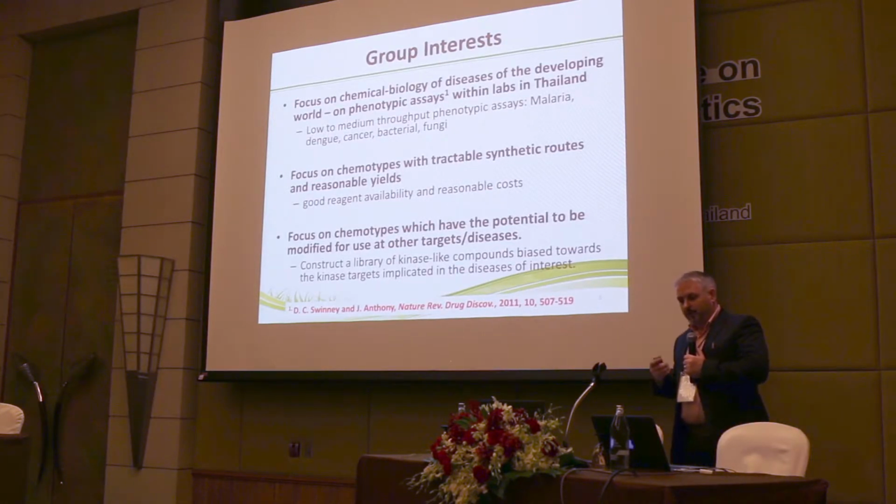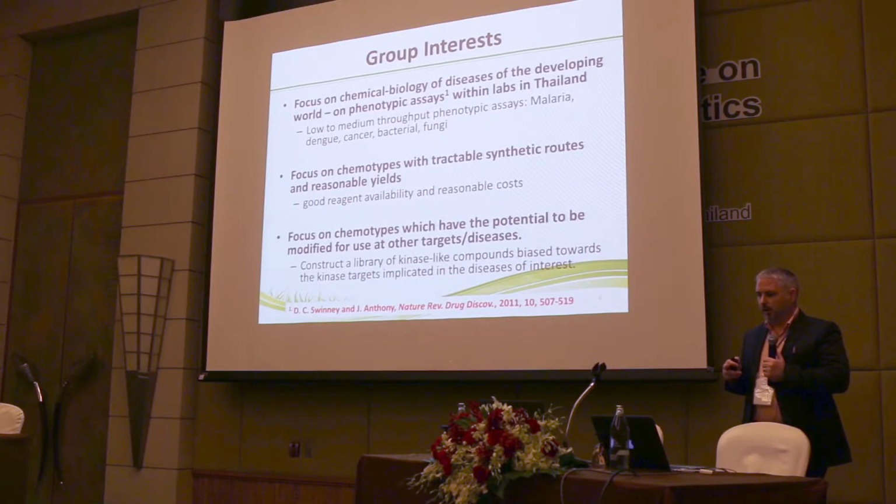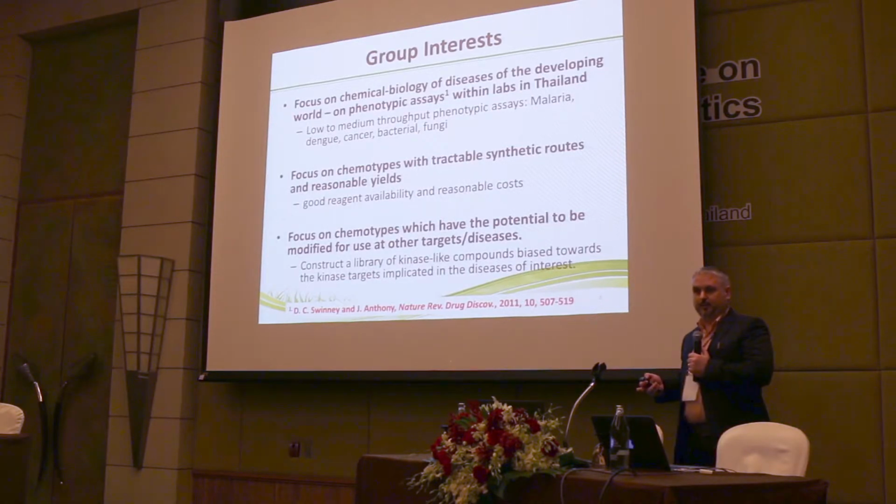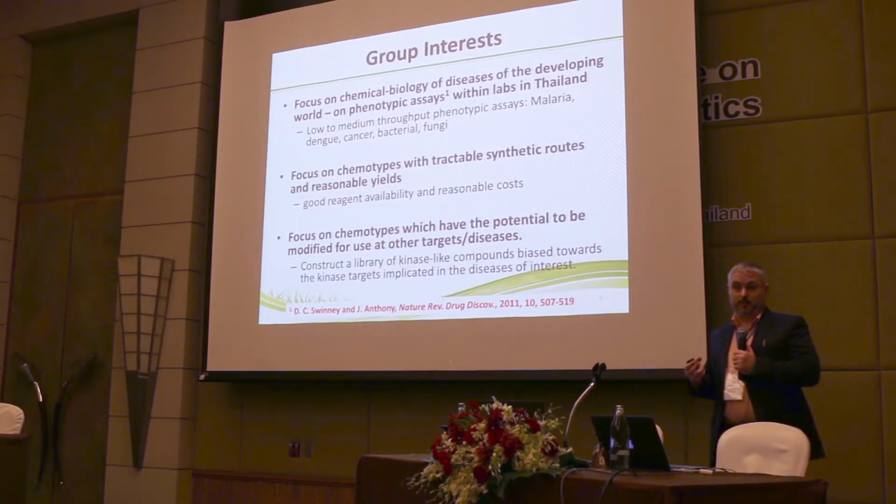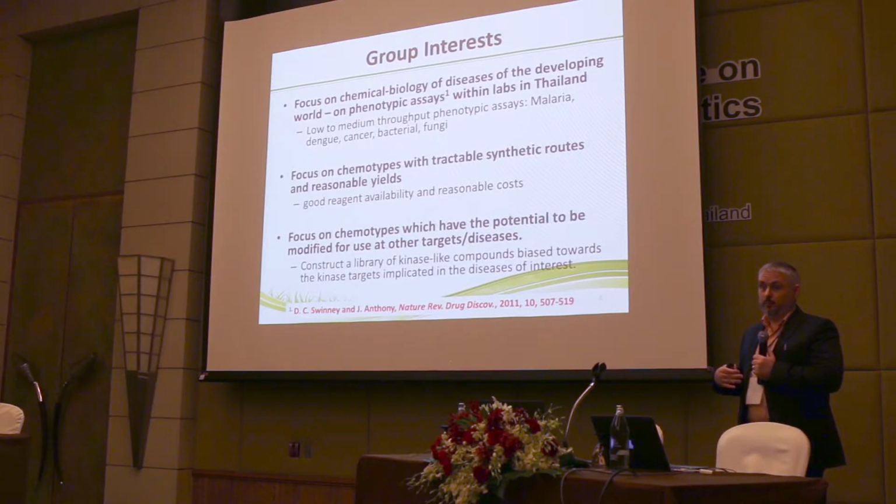And so we also focus on chemotypes that have the potential to be modified to other targets or diseases. In that way, if we invest, so this research has been done by MSc and PhD students at the university who don't necessarily have a strong background in organic chemistry.